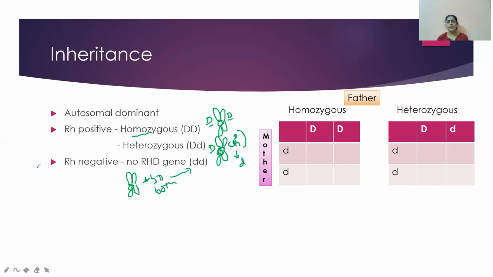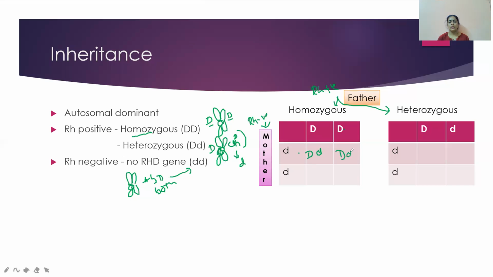Suppose we take a scenario where the mother is Rh negative and the father is Rh positive. Rh positive can be either homozygous or heterozygous. If the mother is Rh negative and the father is Rh positive, the offspring can be, if you combine and write like this, D and d.